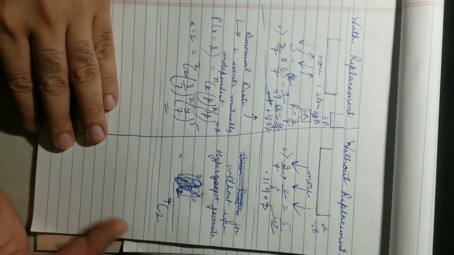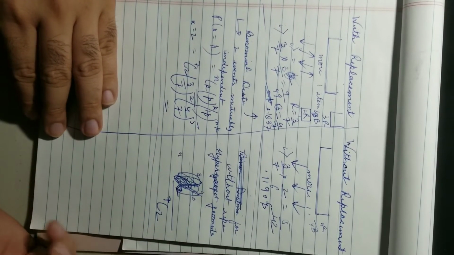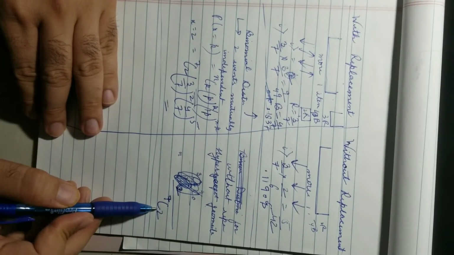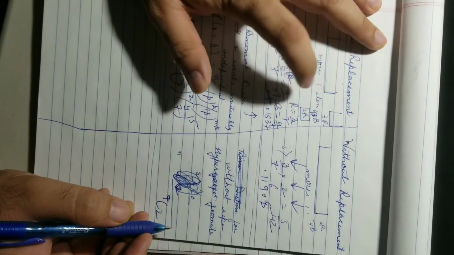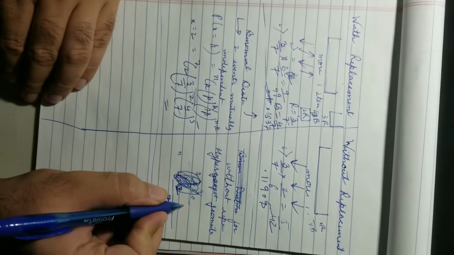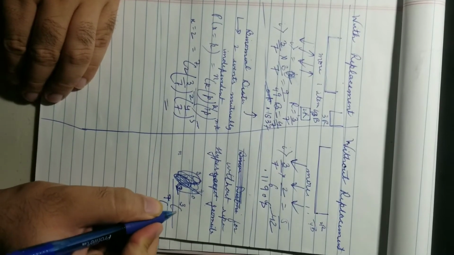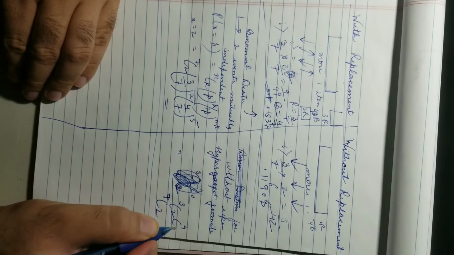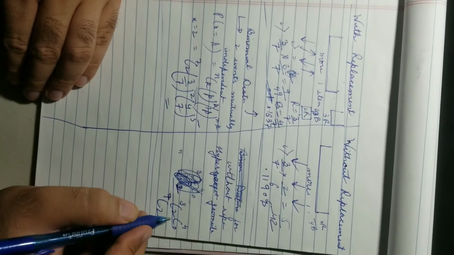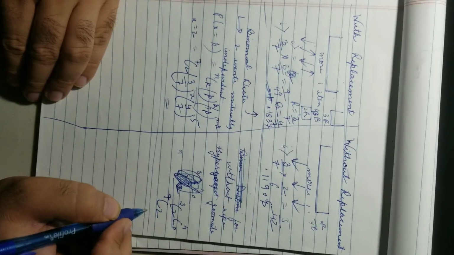That's straightforward because that's how general probability works: favorable events over total events. Now favorable events means we have to select 2 balls out of 3 red balls and 0 balls out of 4 blue balls. So 3C2 into 4C0 over 7C2.